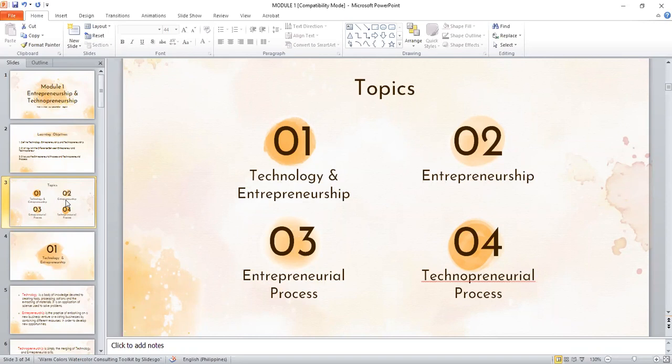Then we go to the entrepreneurial process and the technopreneurial process. We cannot let go of the concept of entrepreneurship because it's needed in technopreneurship, which is why it's discussed prior to an in-depth discussion of the technopreneurial process.